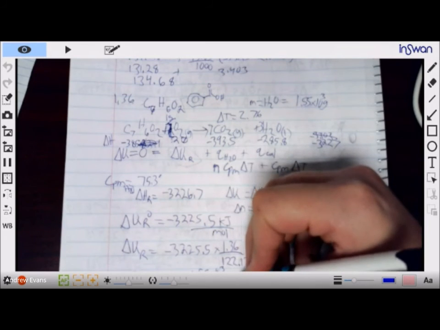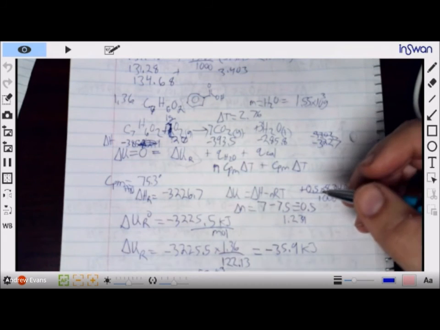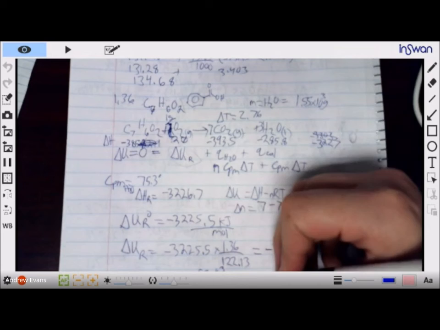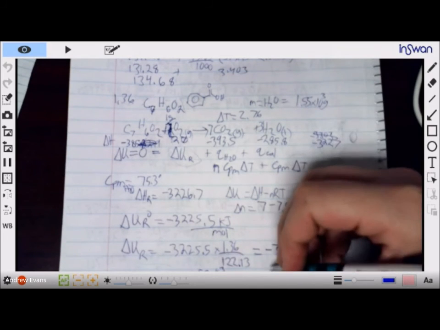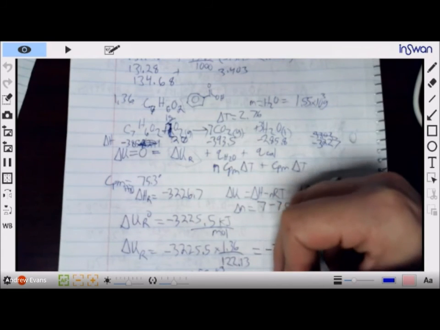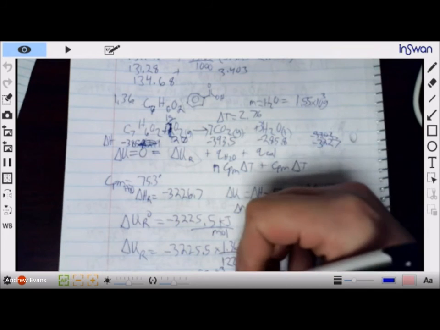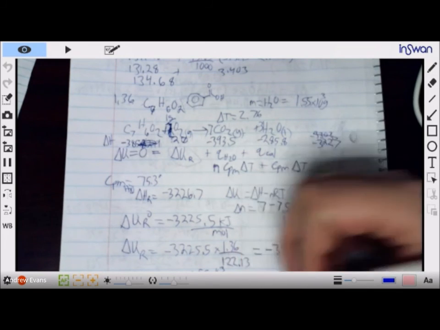Times our heat capacity, 75.3, and finally our change in temperature, which was a lousy 2.76 Kelvin. However, we also have to divide that by 1,000 to get this into kilojoules. All that comes down to 17.88.